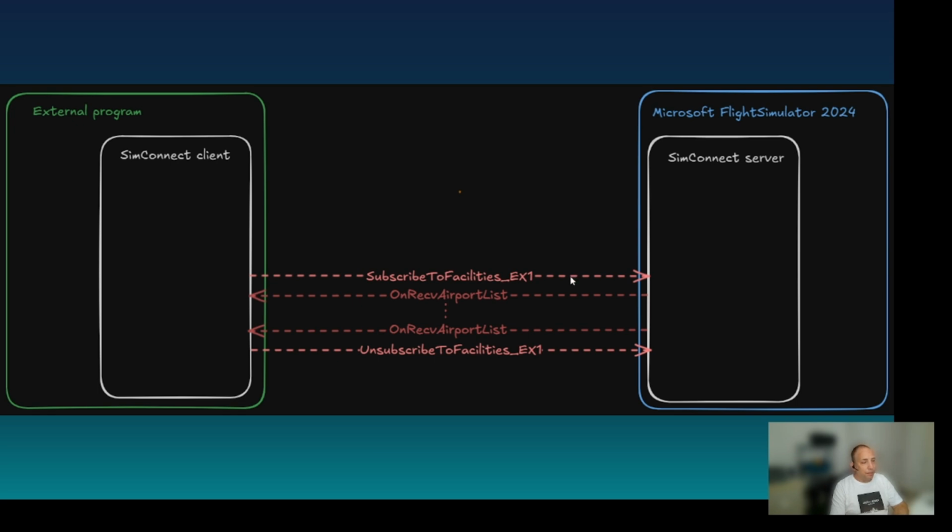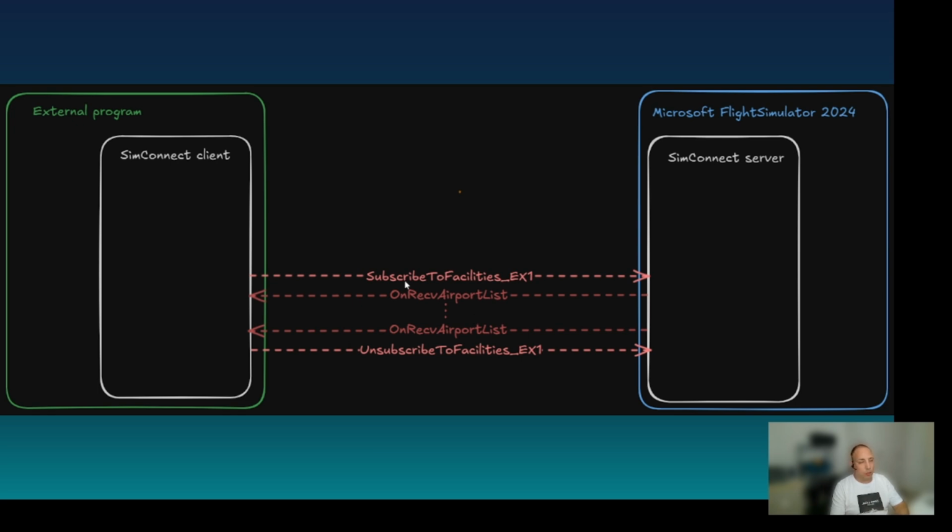So that's good. And then when we do that, the simulator will start sending us, through the SimConnect server, on receive airport list events, because we requested airports. That's the code I'm going to show you. You could also request nav aids, as I said earlier. There are other types. You can find those in the SDK documentation. And it will keep sending these events until you have all the data available.